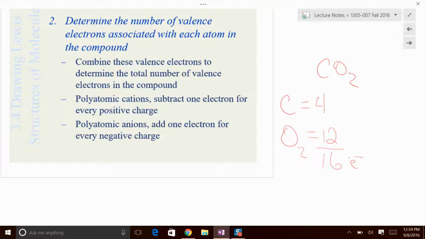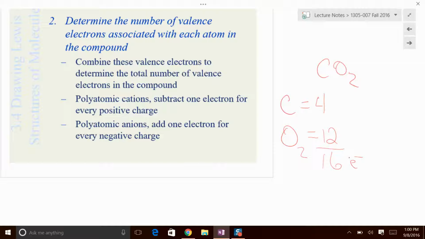And valence electrons are the only electrons that matter in structure because they are the ones that create the bonds and cause the structure to be the way it is. All the other electrons don't matter. So we don't care how many total electrons are on carbon or oxygen. All we care about is how many valence electrons they have, because that's going to determine my structure.